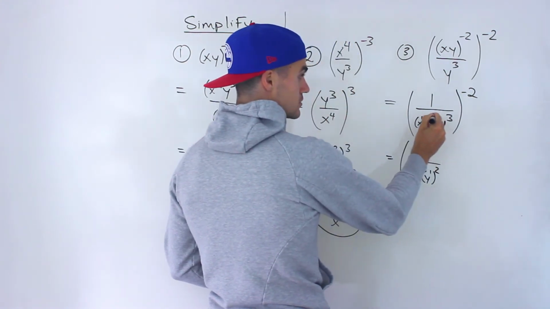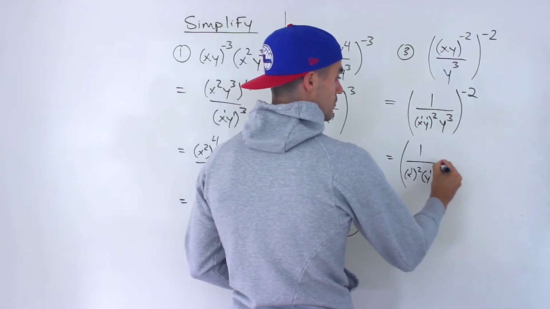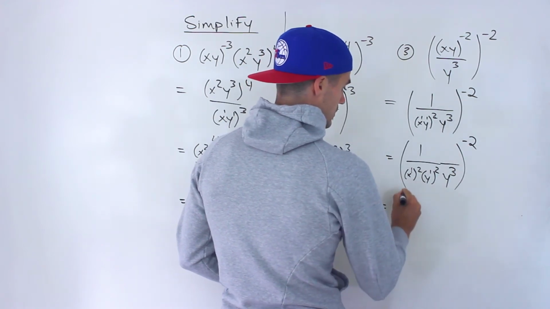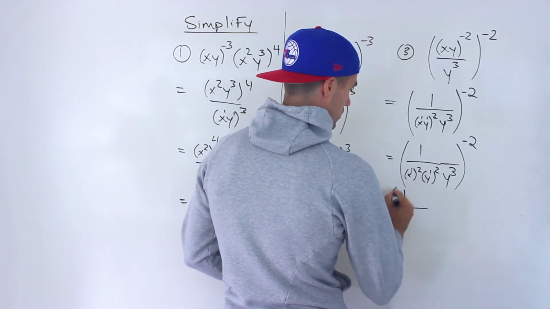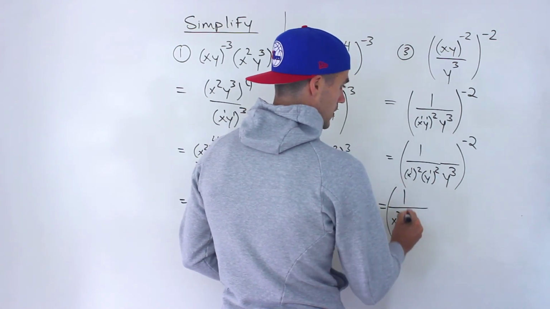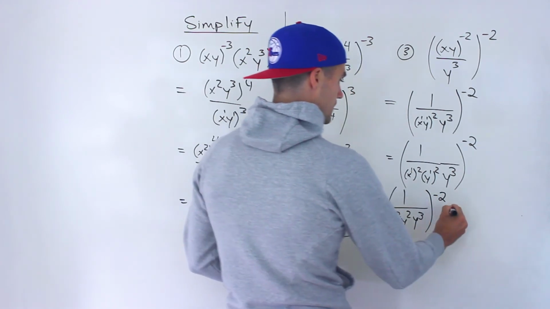If we distribute that 2 to both of these, since they are multiplying, then we have the y to the 3, and we still have that -2. So this would end up being 1 over x squared, multiplying the exponents, y squared, y to the 3, all to the -2.